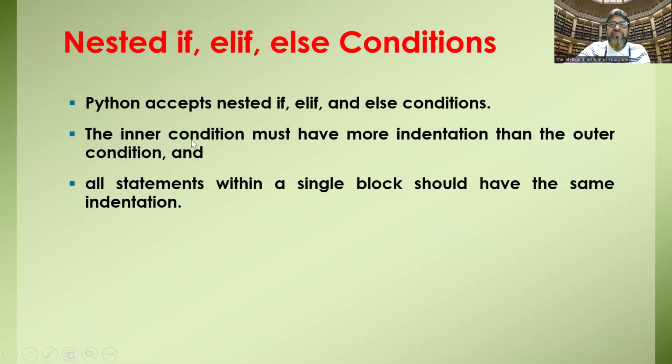Next we have if, elif, and else, which we can say is called nested. Nested means a condition inside a condition, called the inner condition and outer condition. But here we have to focus on the indentation. We have to use the proper colon, and according to that, it will execute. So be very clear about that.